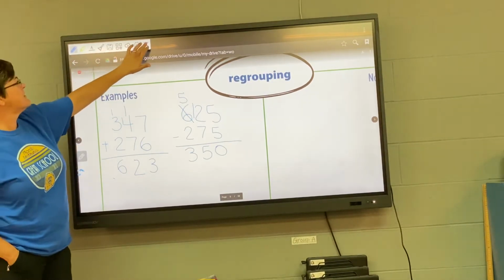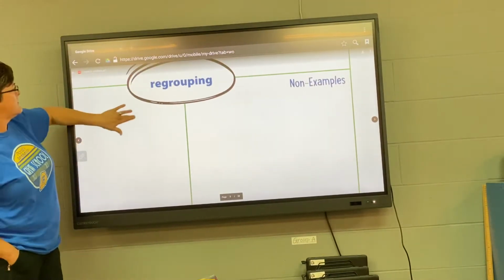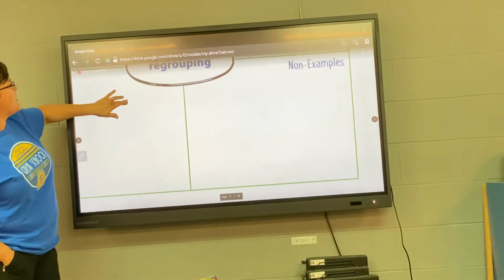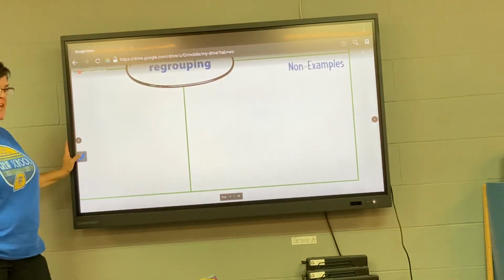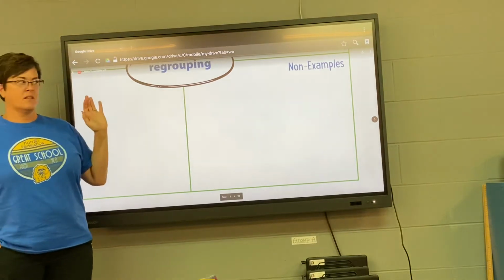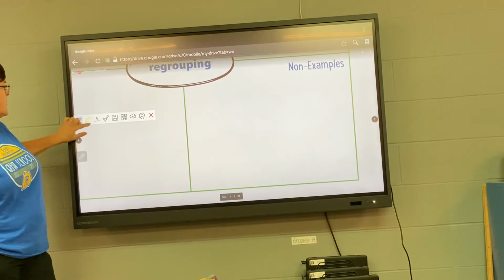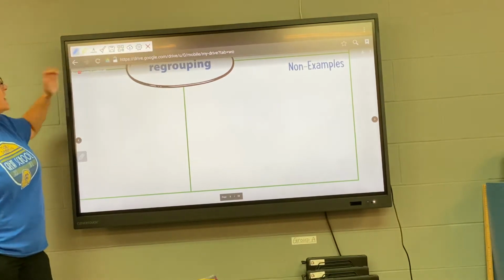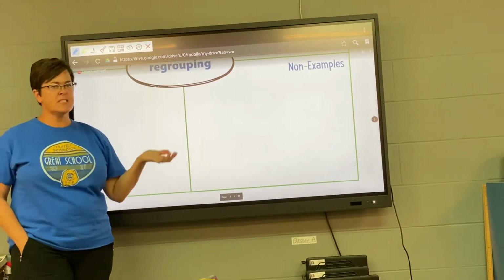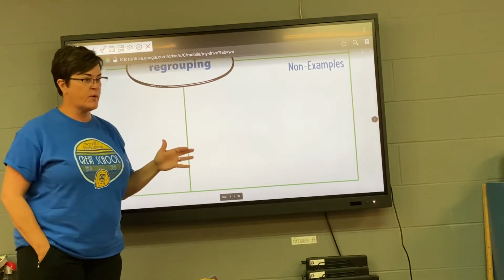So we're able to slide our paper over here. These are non-examples. What does non mean? Lucas? Not examples. You are so correct. So these would be standard algorithm problems where we do not regroup.